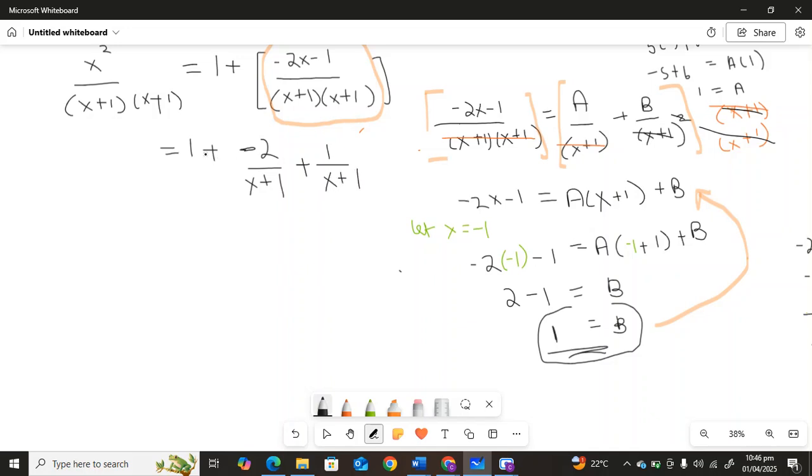So this positive and negative make negative, so it's 1 minus 2 over x plus 1 plus 1 over x plus 1 squared here. This one has to be squared. That is the answer.